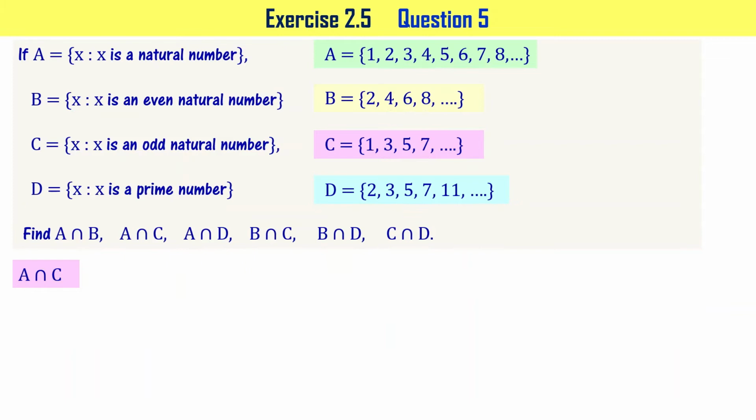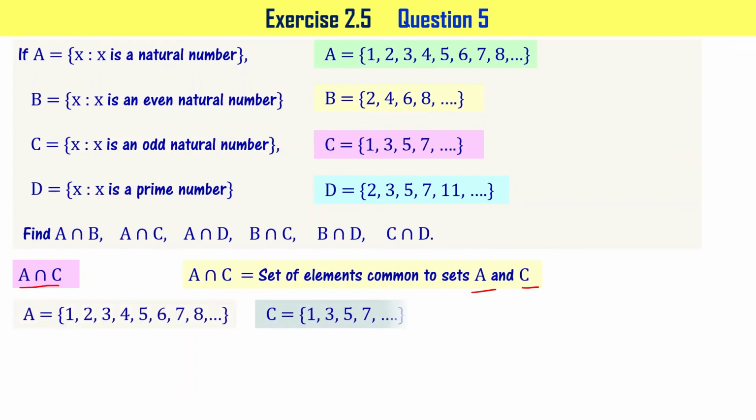Now let's see the next part, that is A intersection C. We have said that A intersection C is going to be the set containing elements common to both the sets A and C. Let's write A and see what are common. 1 is common across both, 3 is common, 5 is common, 7 is common, 9 we have not written, otherwise 9 is also common.